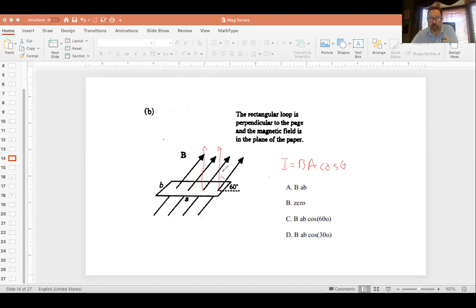It's that angle right there that is the theta. That's the angle in between A and B, the normal to the area and the magnetic field, not with respect to the surface itself. And so if this is a 60-degree angle, this is a 30-degree angle. And so actually, the answer would be that one right there. It would be D.